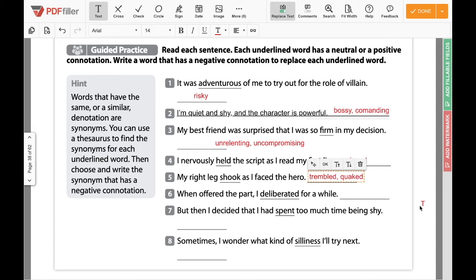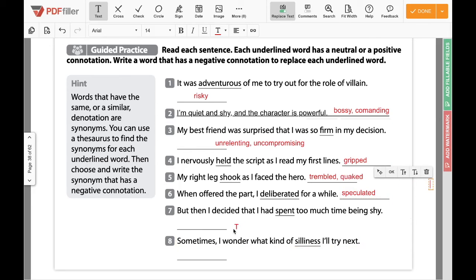A word we could use that means the same thing but is more negative could be speculated. So they speculated for a while. Typically when you hear the word speculate, it's like someone speculating something about you. They're thinking of something negative about you. So speculated could be taken in more of a negative way than deliberated.